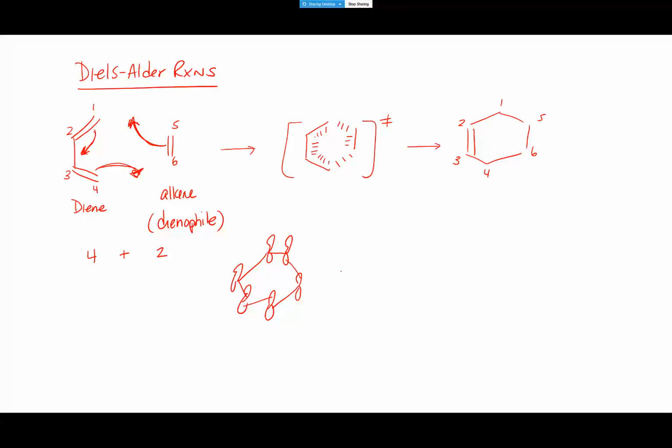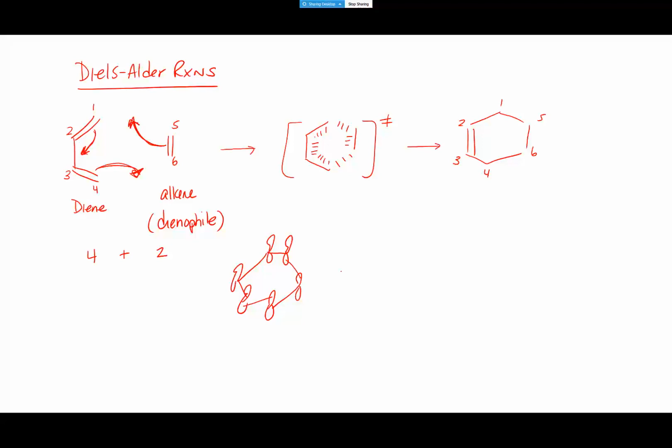So if this is the 4 carbons of my diene, and the 2 of my alkene, it's kind of like the diene just comes down and plops right on top of the double bond. And that has certain stereochemistry implications, but that's how the Diels-Alder transition state works.